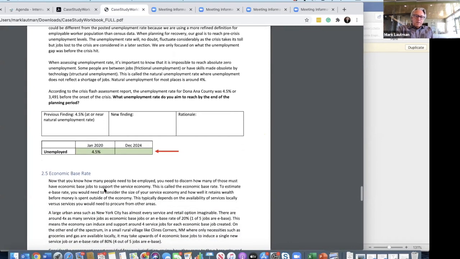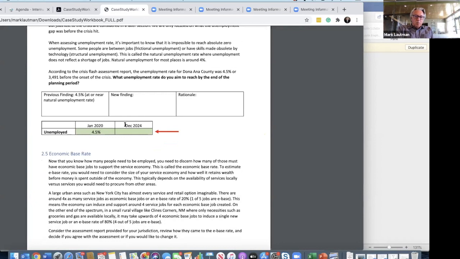So what do you think of 4.5? What do you think that percentage of the workforce of the willing, able, and qualified will be as a structural unemployment number in 2024? In other words, if that number of structurally unemployed that you'll never get below goes up, you want to put a higher number in the December column.